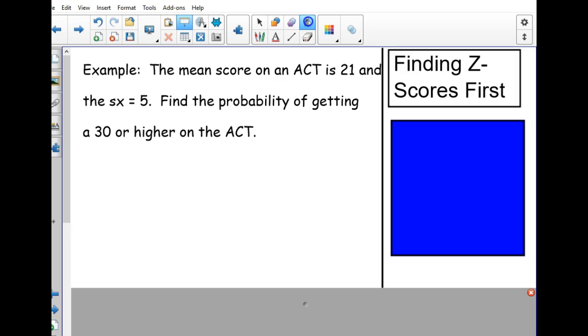Okay, so you can see in my heading, the first thing we need to do is find a z-score. That's step 1.